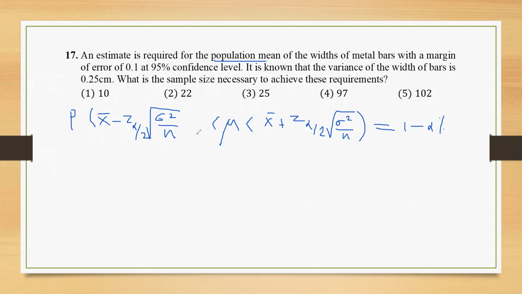And here you can see I take sigma. Why? Because the information in the question says that the variance of the width of bars is 0.25. So the population variance is known. So when the population variance is known, here we use the Z distribution. If we don't know it and the sample size is small, then we have to use the T distribution.